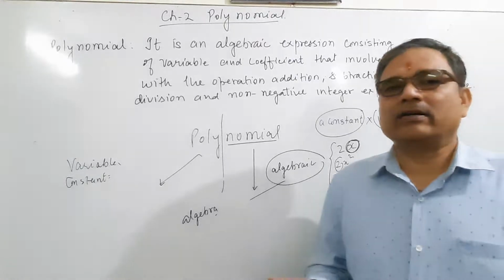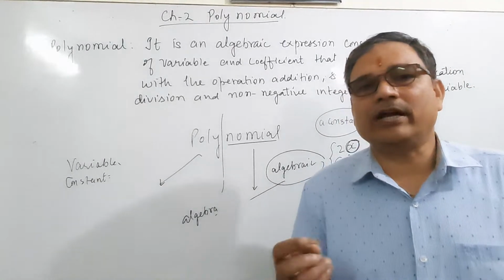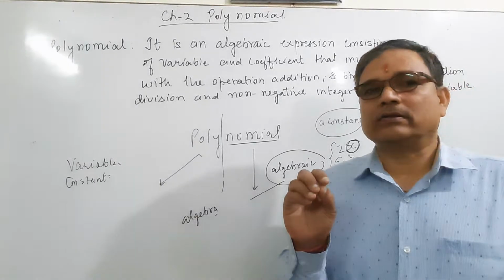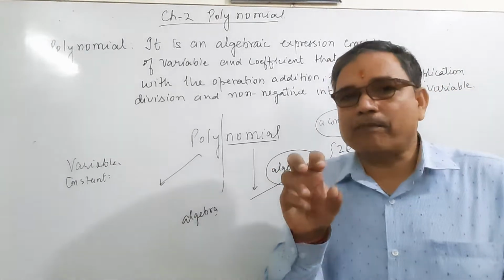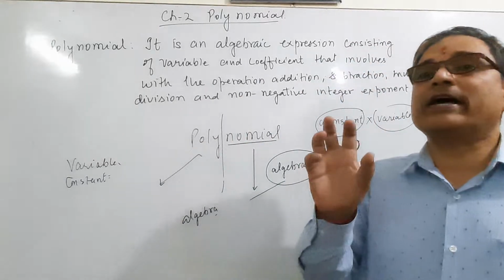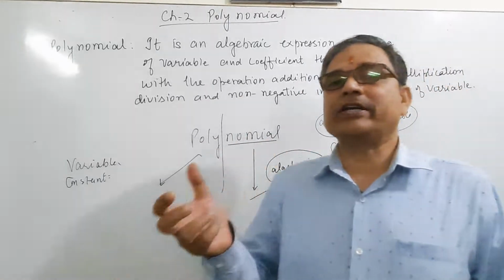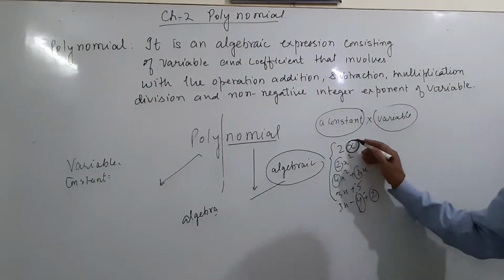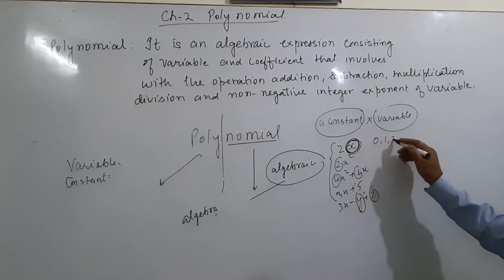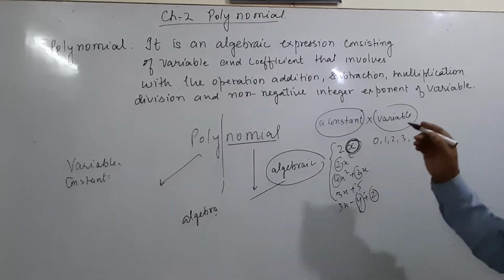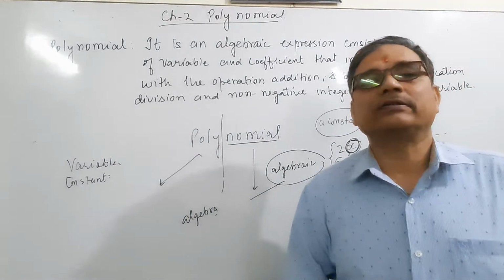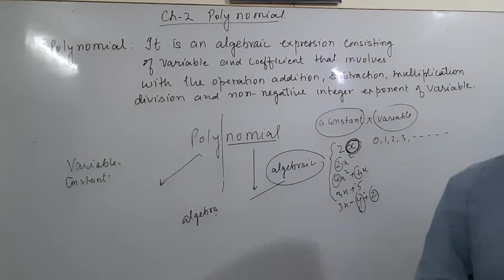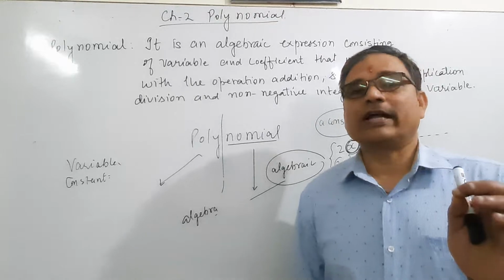All are mathematical operations in which the polynomial has some variable and the power of that variable is a non-negative integer, meaning a whole number. It means the power of the variable is always a whole number 1, 2, 3, 4 and so on. This is known as polynomial.